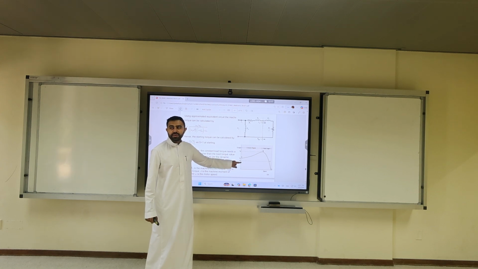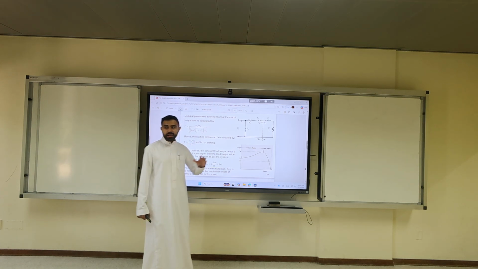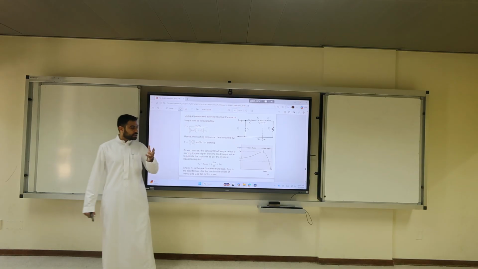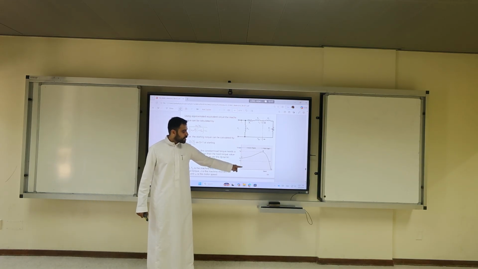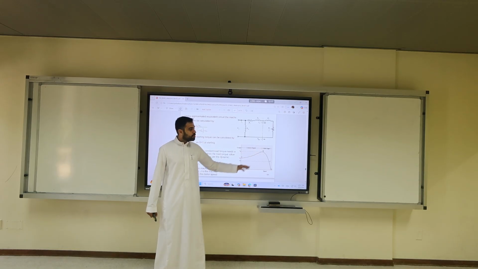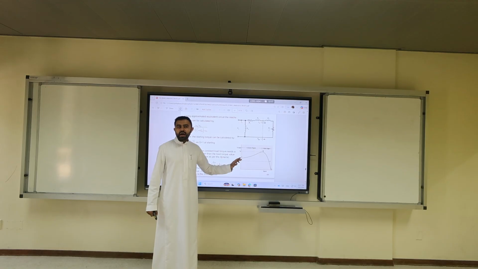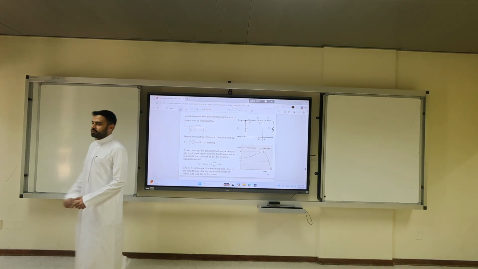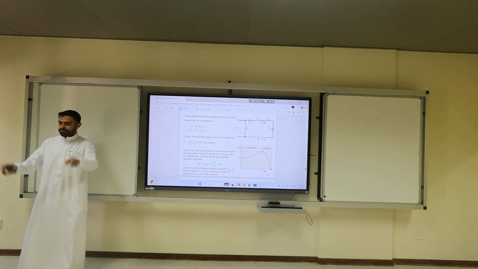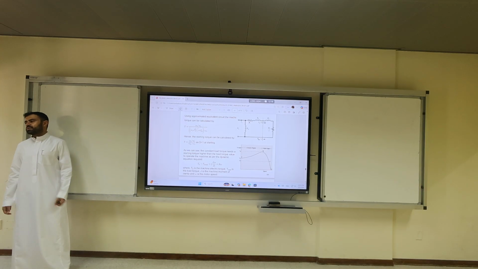Starting torque has to be larger than the load for various applications. Maybe in one application, especially like a linear load or fans, you can start at small load. And think with me, can you spin the fan with minimal torque? You have a fan. Can you spin it with your finger?